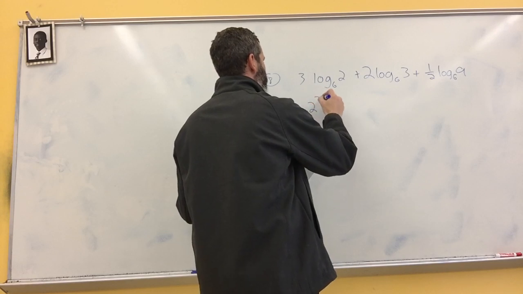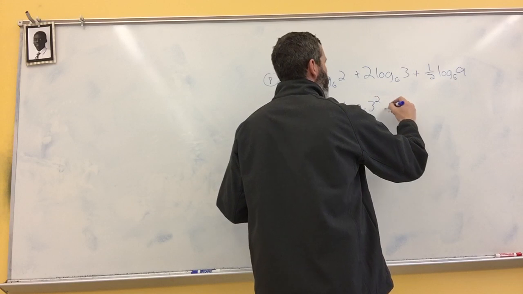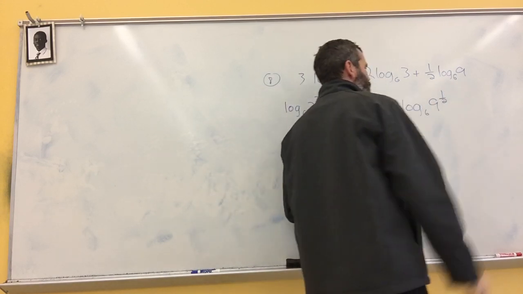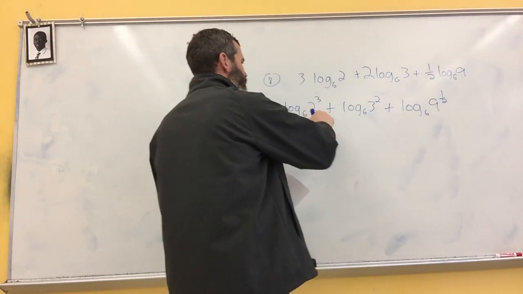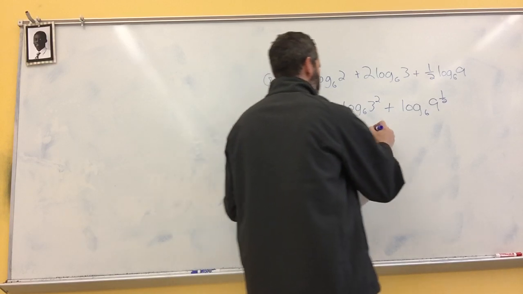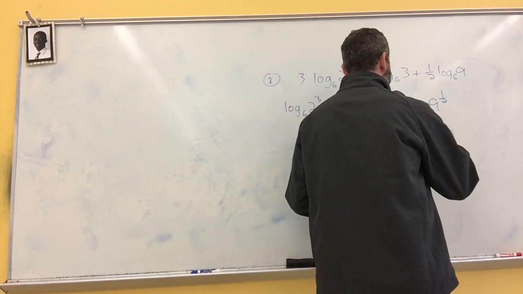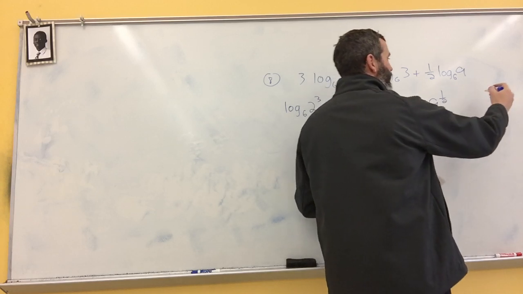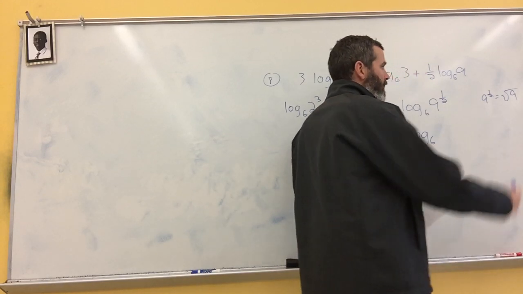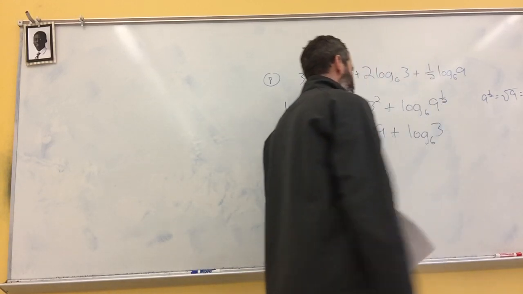Log base 6 of 2 cubed, plus log base 6 of 3 squared, plus log base 6 of 9 to the 1/2. I'm going to simplify these. So 2 cubed is 8, 3 squared is 9, and 9 to the 1/2. Again, remember, 9 to the 1/2 is the same thing as the square root of 9, which equals 3. So log base 6 of 3.